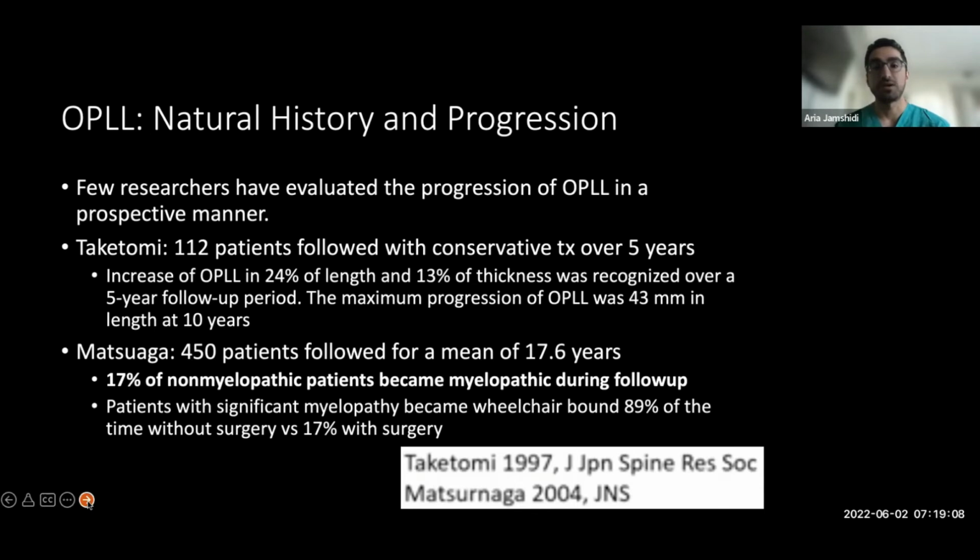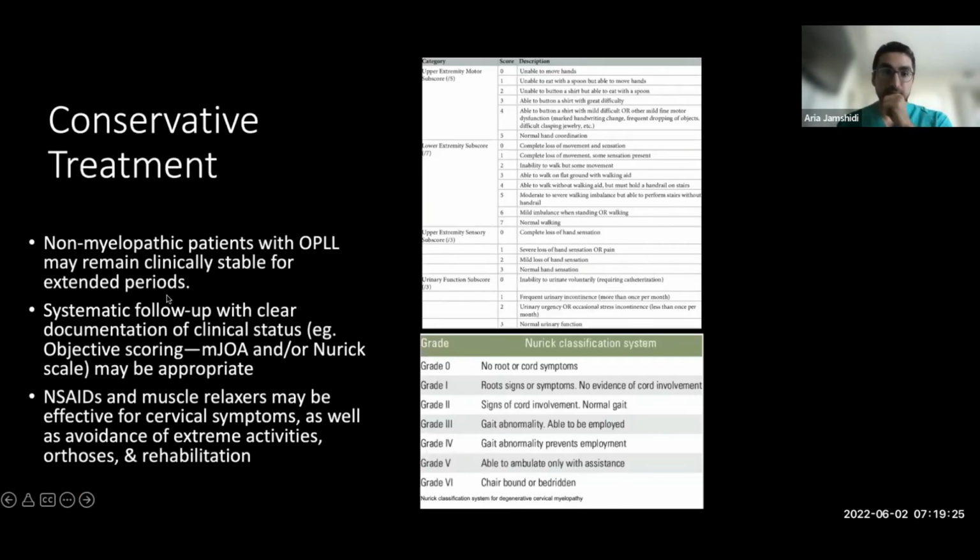I'm going to show you that, especially with patients who come to you initially with any symptoms of myelopathy, if you don't operate on them, you are potentially risking a life for them where they're essentially non-ambulatory.